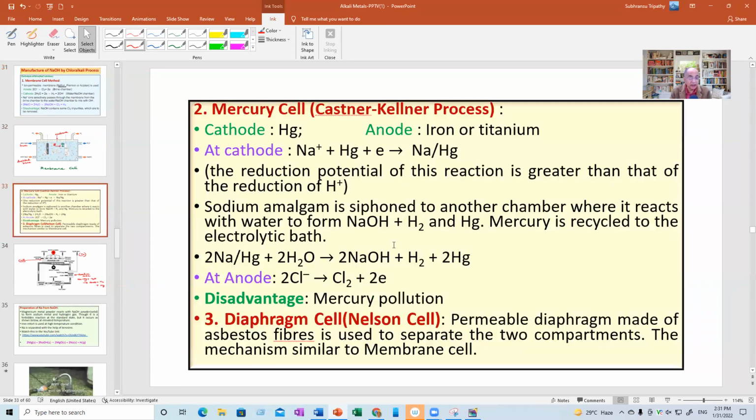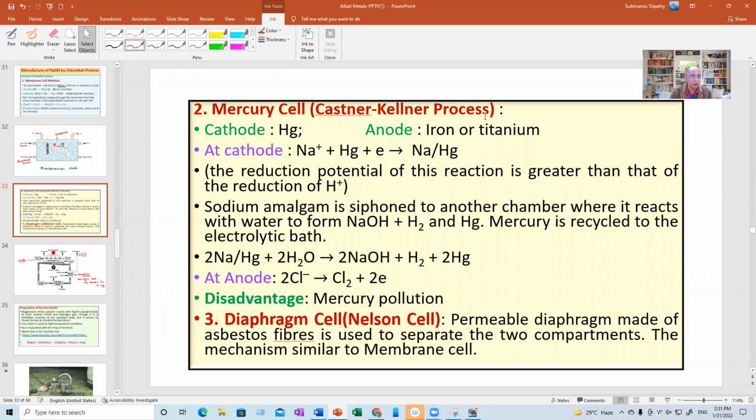But the other method, though there is no impurity in sodium hydroxide, it's pure, but it will be a pollution risk method. So increasingly the governments are banning this mercury cell method.